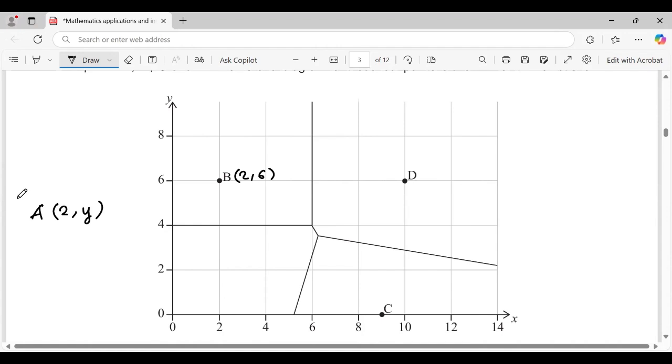And the midpoint of AB must lie on this line, on y = 4, right?